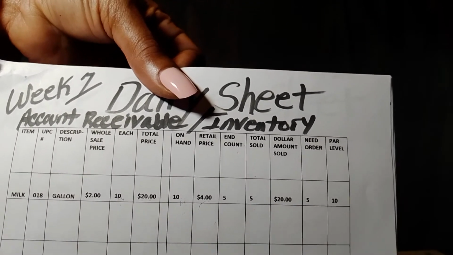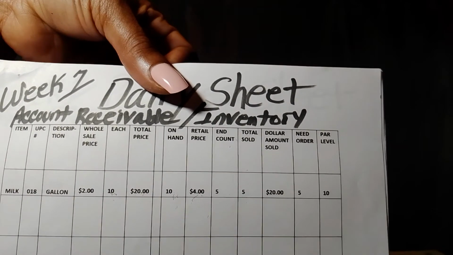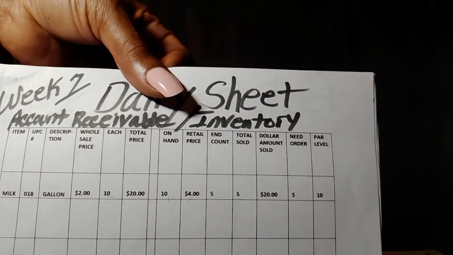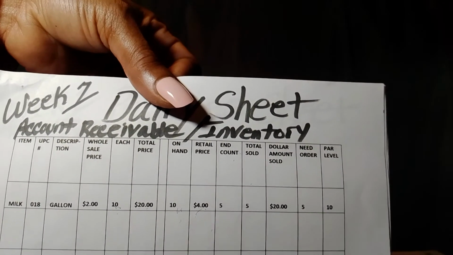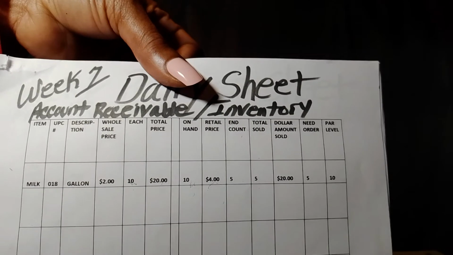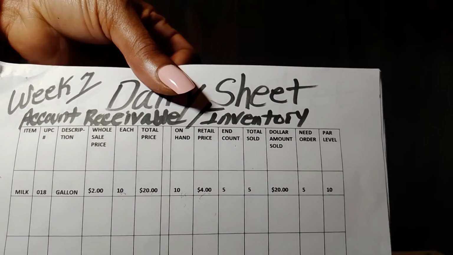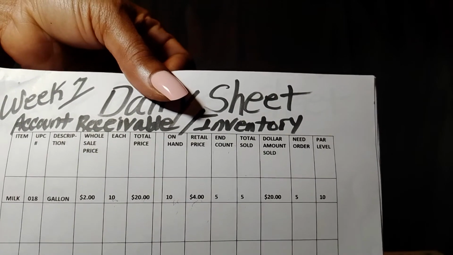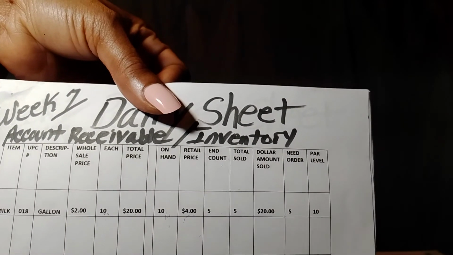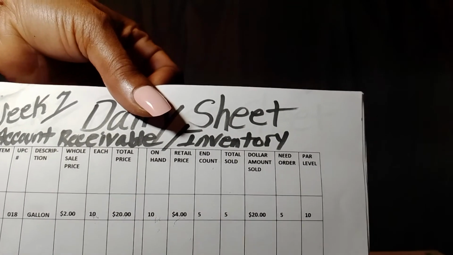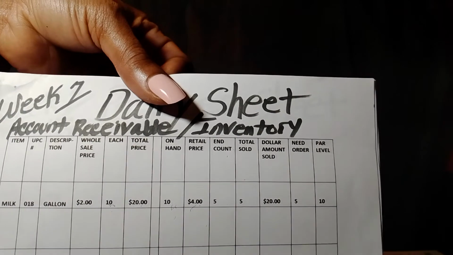Okay? Now, it says ending count. So that's when we go in our store. You go to the milk, wherever your milk department is, and you're going to count how many milks you have inside of your store. We're counting inventory now. So you're going to put down the ending count, how many milks you have. So say we counted, and you only have 5 milk left. You see the next column says total sold? That means you sold 5.